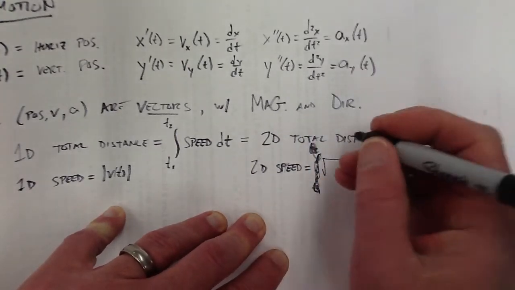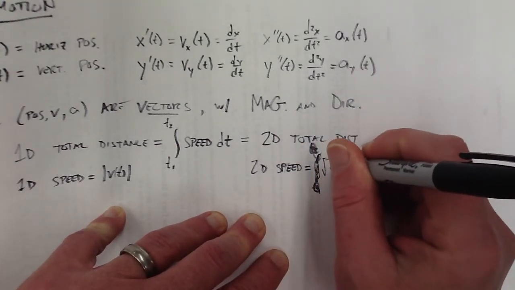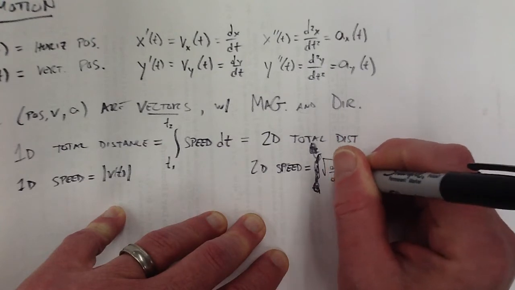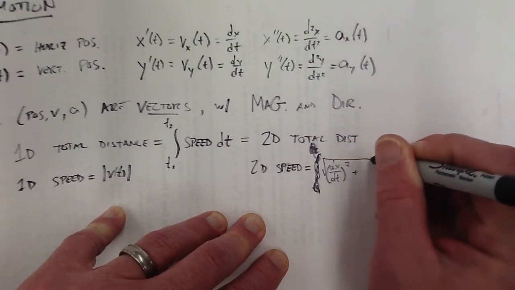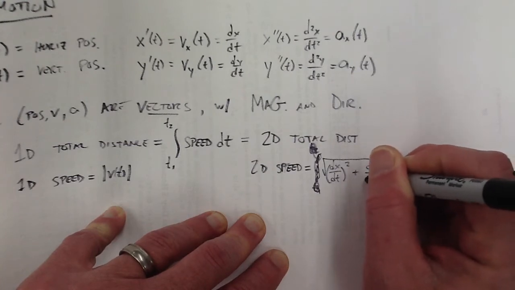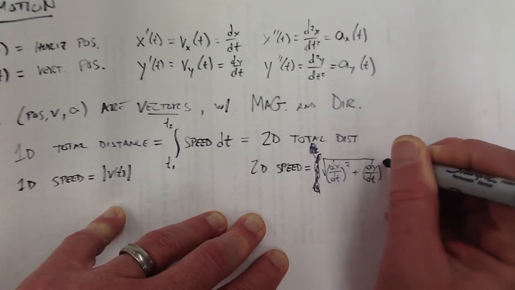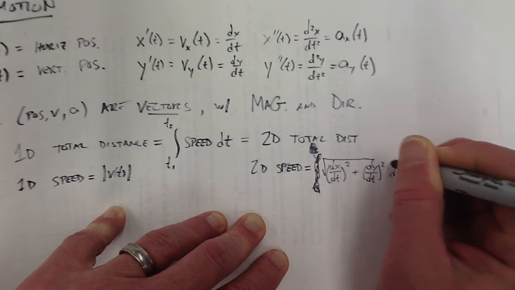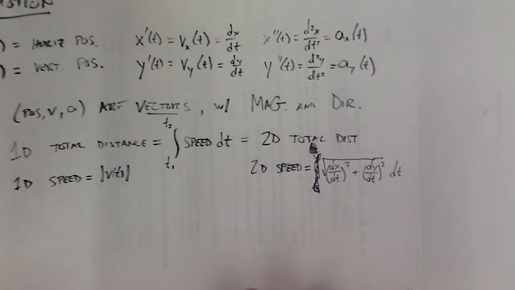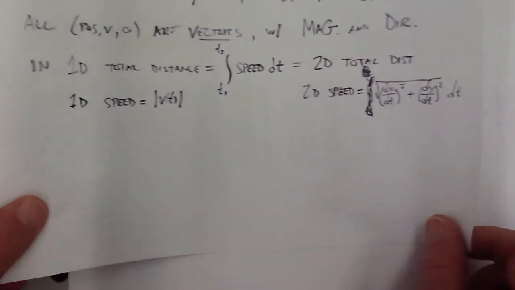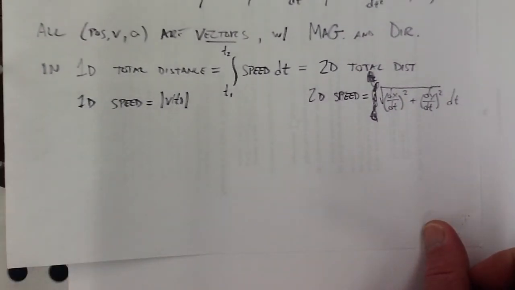So 2D speed is just the Pythagorized components of the velocity, like that. Good? That's how you find total distance.